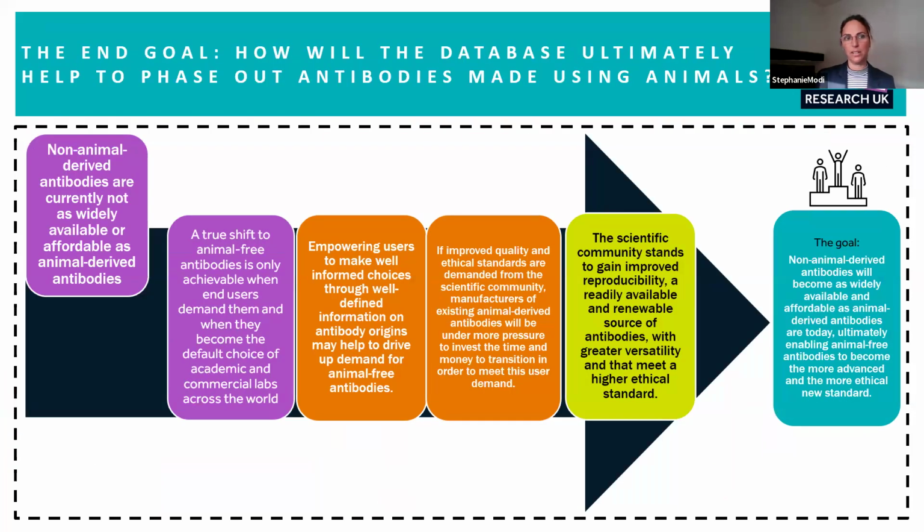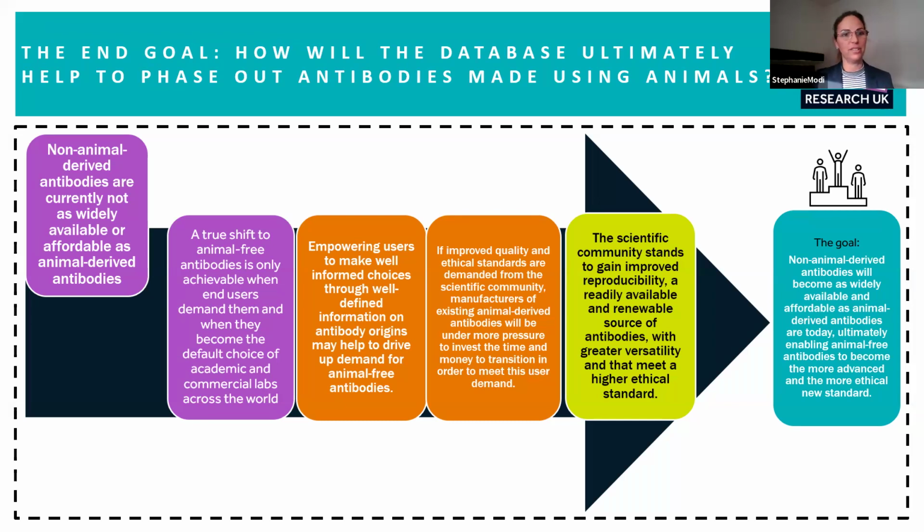So the final slide is just talking about the end goal that we are heading for. How will this database ultimately help to phase out antibodies made using animals? So the current state is that non-animal derived antibodies aren't as widely available or as affordable as animal derived antibodies. Although the prices do vary, a lot of them are a very competitive price.